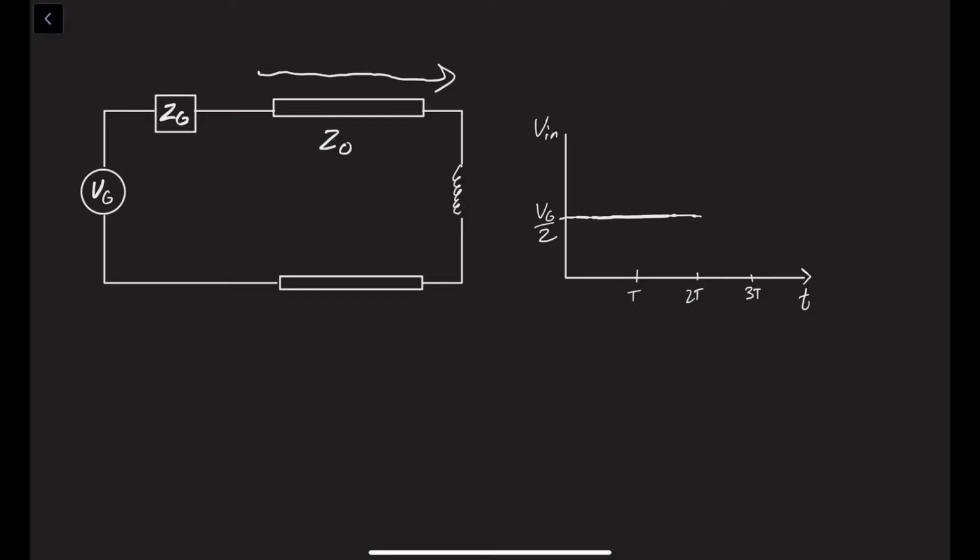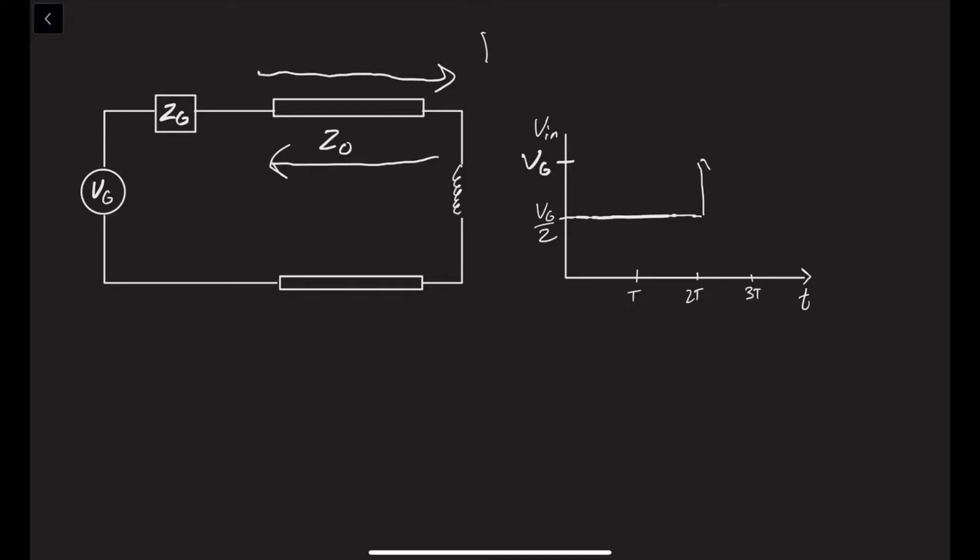So this means initially the reflection coefficient will be 1, and that means all that Vg by 2 voltage will be reflected back down the transmission line. And at time 2t, the TDR will see that the voltage will be Vg because Vg by 2 plus Vg by 2 is Vg.